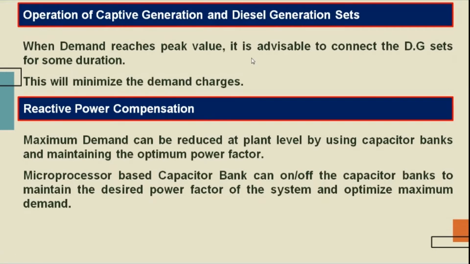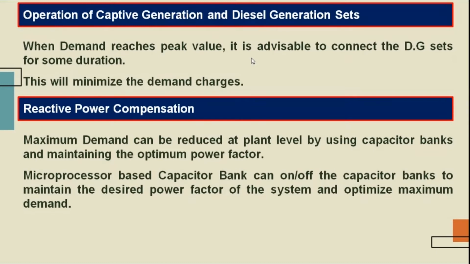Why? Because if you are exceeding the contract demand, let's say if the contract demand is say 100 kVA and your demand has reached its peak value, now beyond that peak value, that is 100 kVA, if it is exceeding to 110, 120 or 130, you will have to pay the excess, that is say 10 kVA, 20 kVA or 30 kVA.